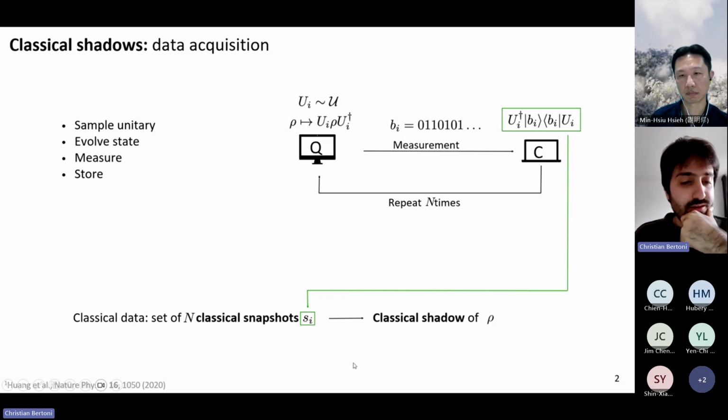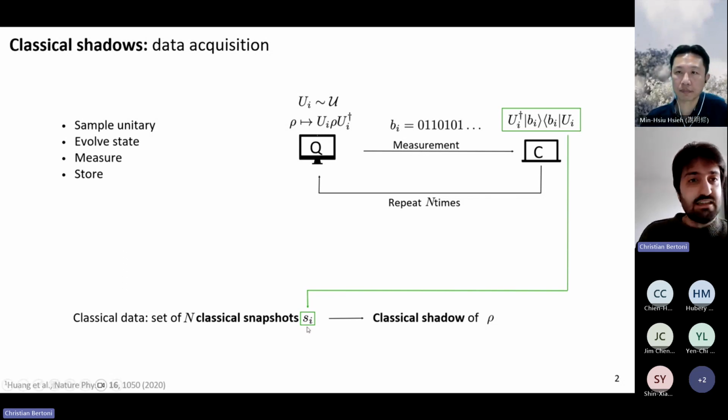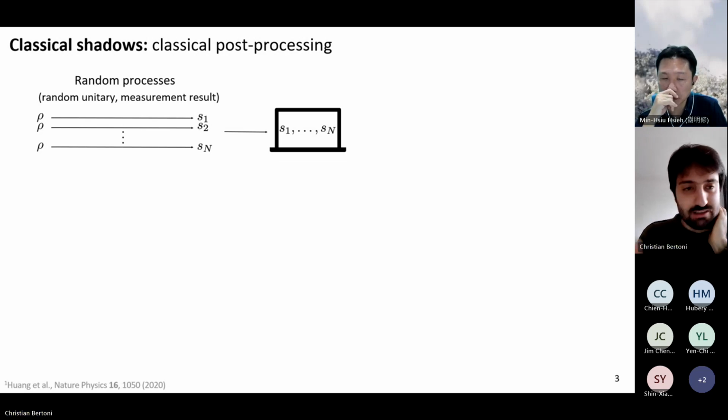What Huang, Kueng, and Preskill showed in their paper is that even a modest size of this classical shadow is enough to predict a lot of quantities related to the state, predict a lot of expectation values. So this is the data that we store, but how do we extract any information from this random data?